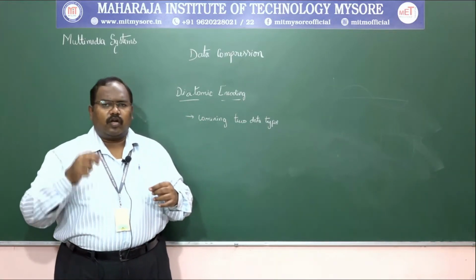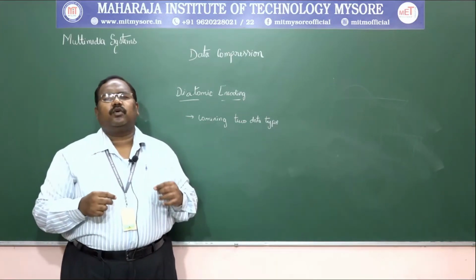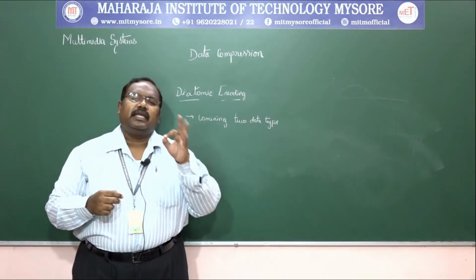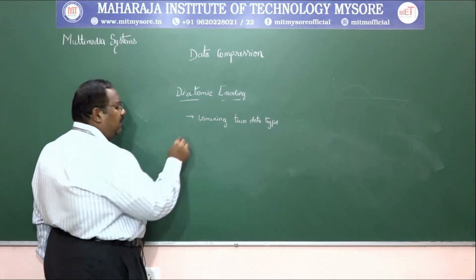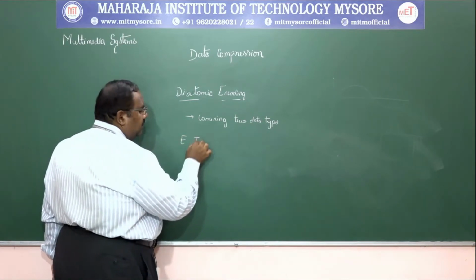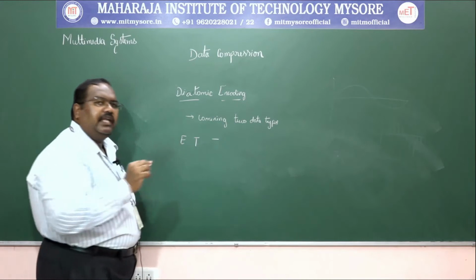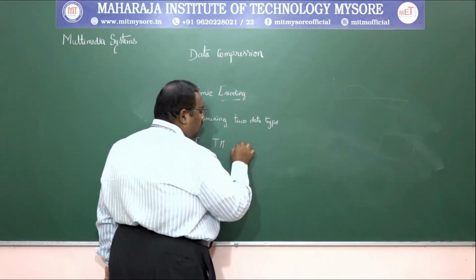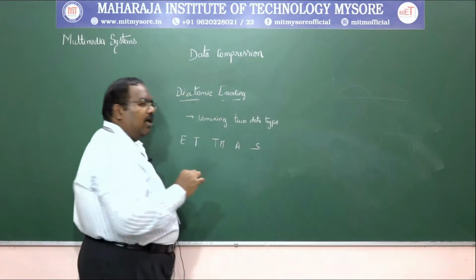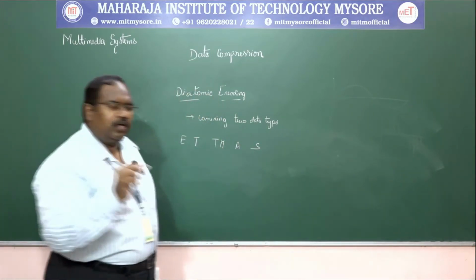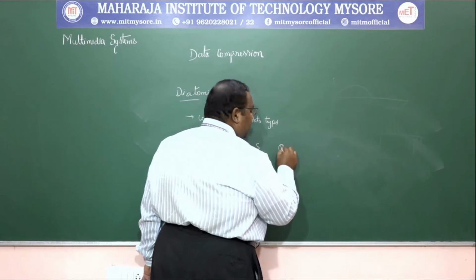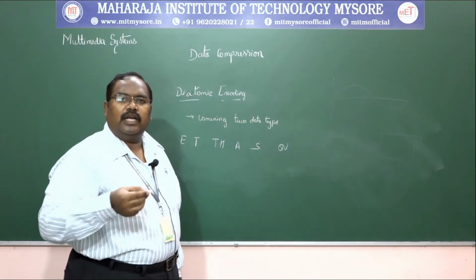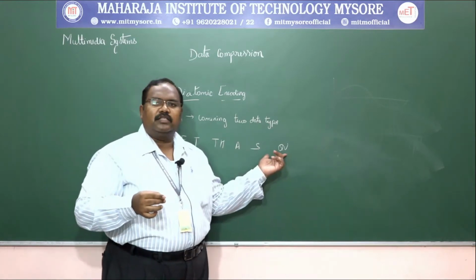Studies have shown the most frequently occurring pairs in the English language. Mostly we have seen E, T, ET, TH, A, S, and also whenever we use the letter Q, it is always followed by U. Query, quantum, quality.